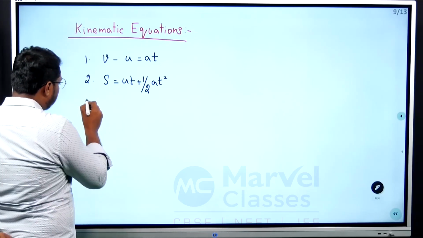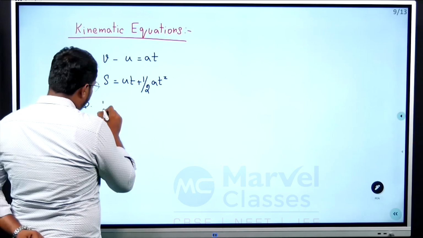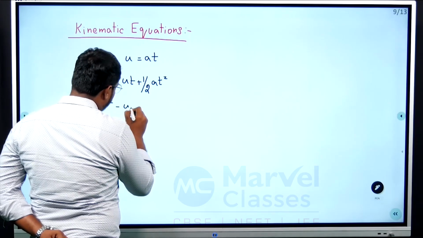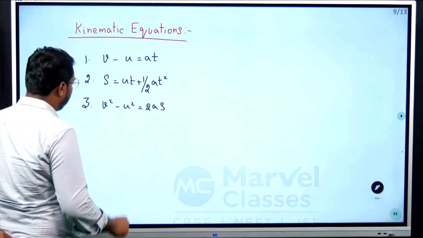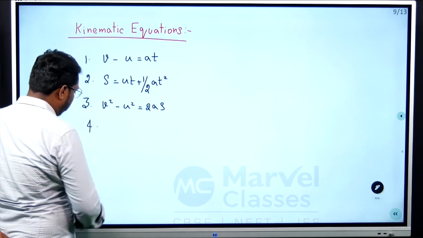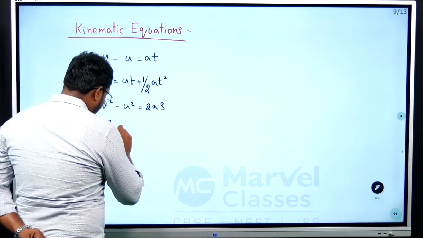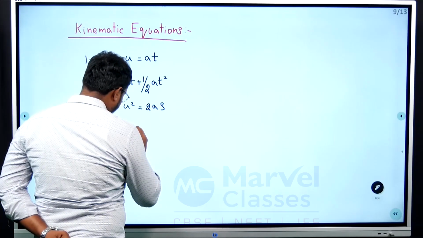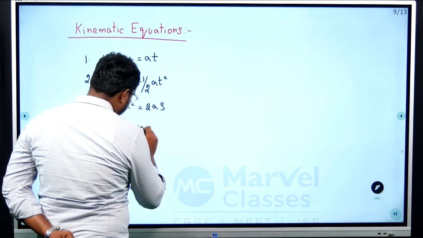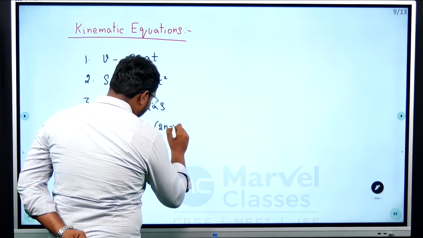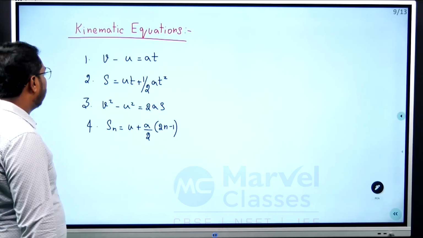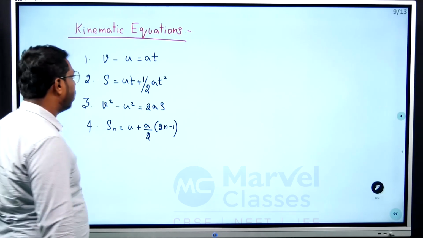The third one is V squared minus U squared equal to 2AS, and the fourth one is Sn is equal to U plus A by 2 into 2n minus 1.